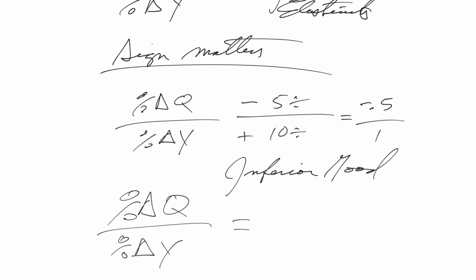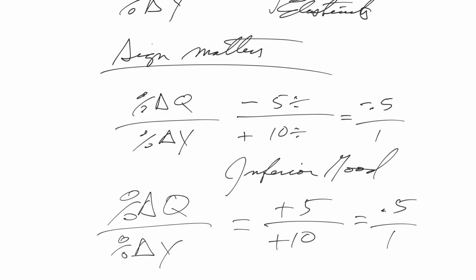Let's say income goes up 10% and quantity goes up 5%. The elasticity coefficient is 0.5. It means that when income changes 1%, quantity changes 0.5% in the same direction. So income goes up, quantity goes up.